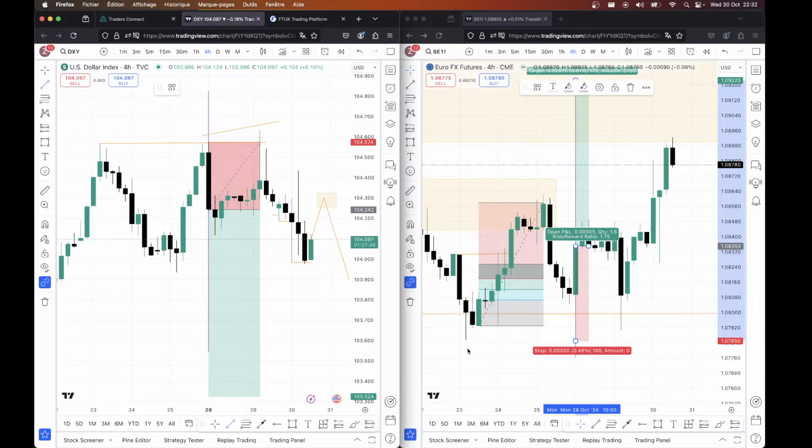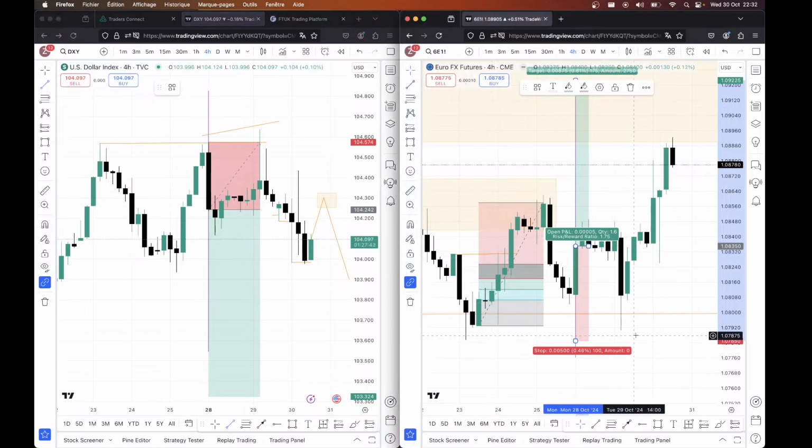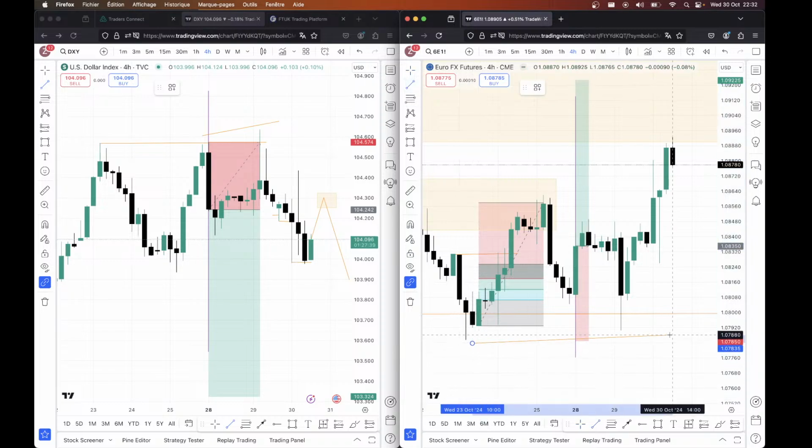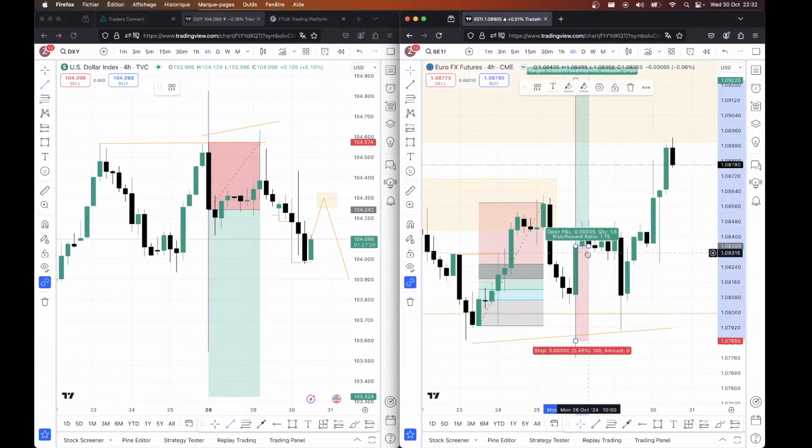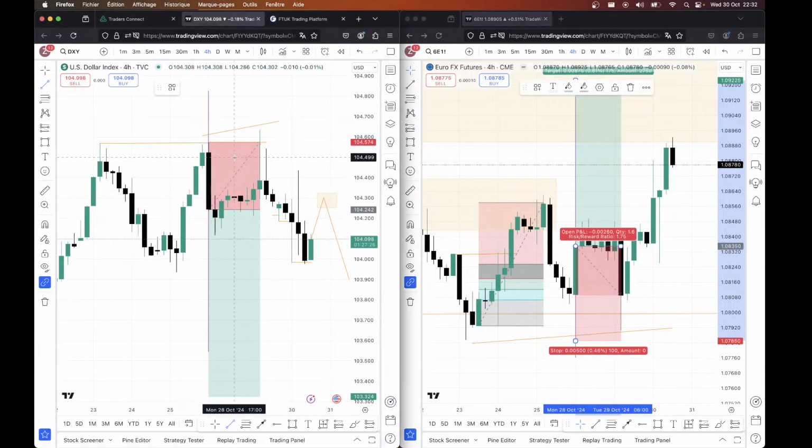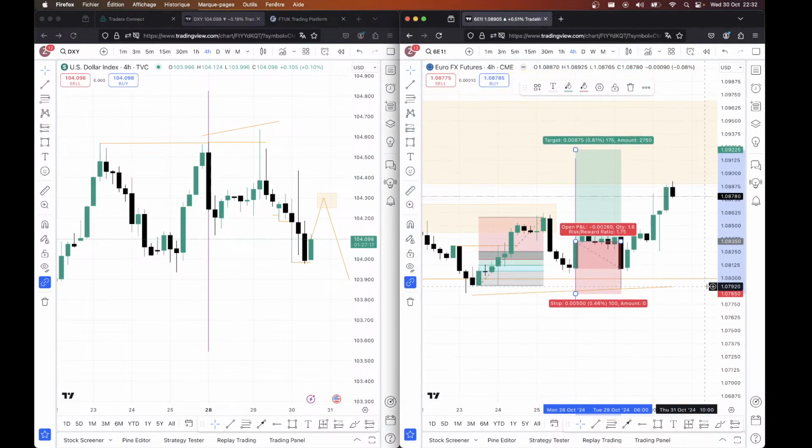This kind of thing, and here, yeah, this kind of thing. So here I got saved from this specific huge movement, and I'm still short on this wonderful DIX and long on this wonderful euro.